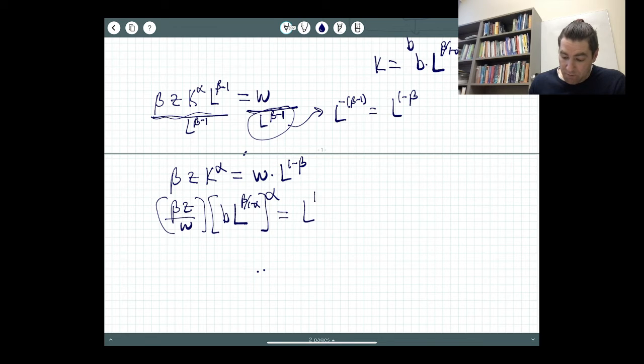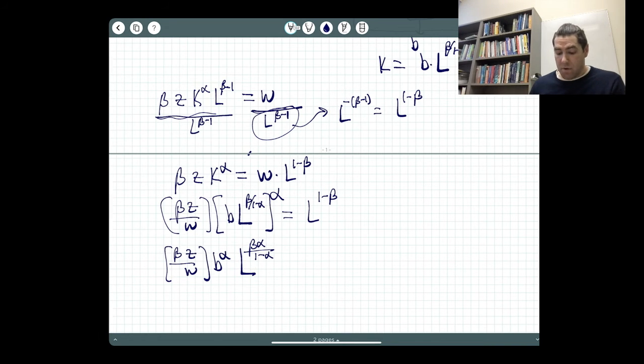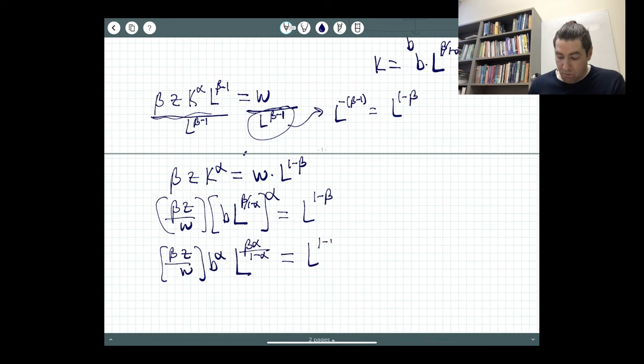And that will equal L to the 1 minus beta. So I'm going to move this over. I've got beta z over W times b to the alpha, L to the beta alpha over 1 minus alpha is equal to L to the 1 minus beta.